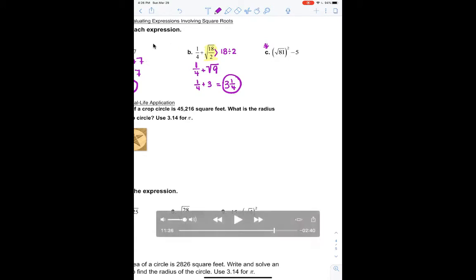So what's going to happen? Let's take a look. If you have the square root squared, because they're the opposite, they technically cancel out. And you are left with just 81. Minus 5 is equal to 76.